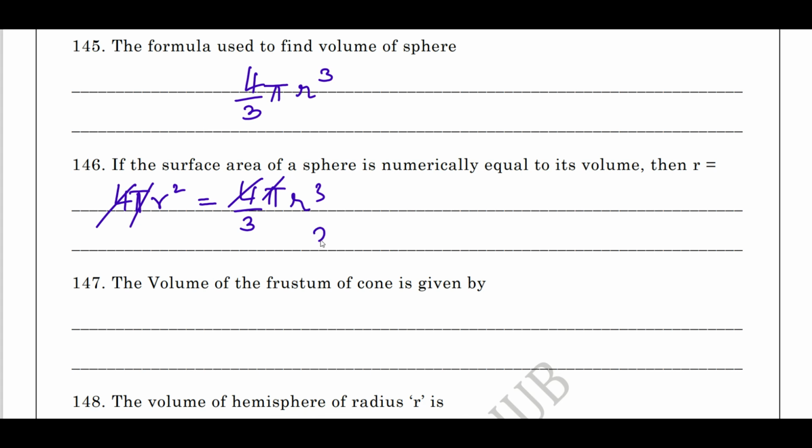What we get? 3 r square equals r cube. r cube and r square we cancel out, that is 3 on the LHS and r on the RHS. We get r equals 3 centimeter or units.